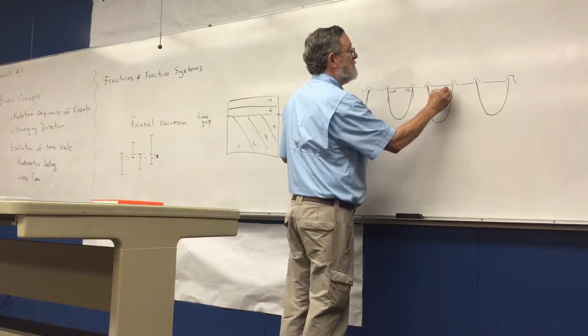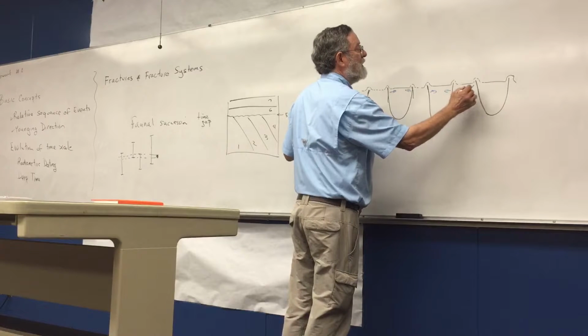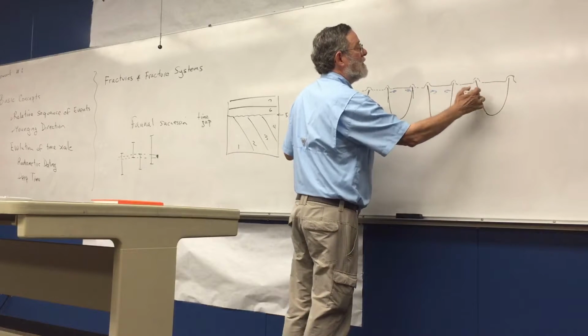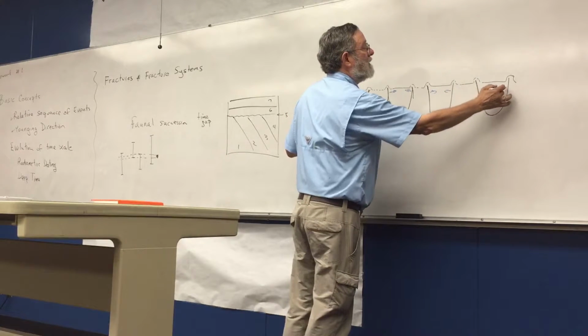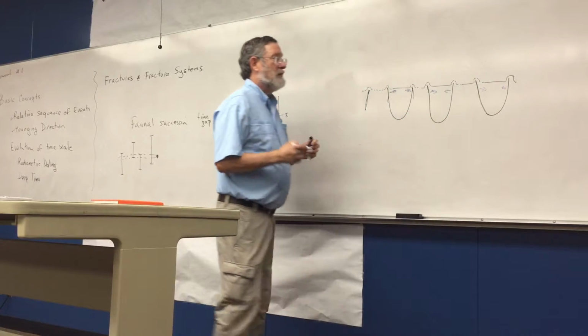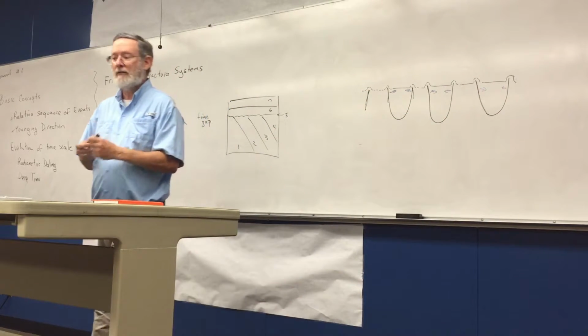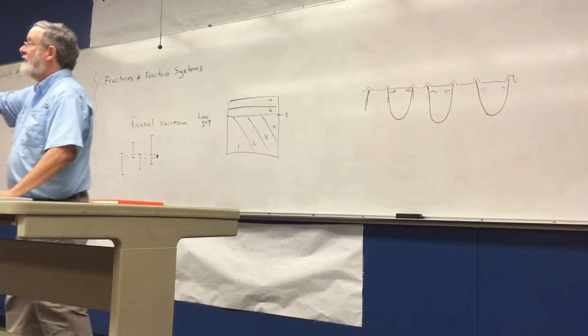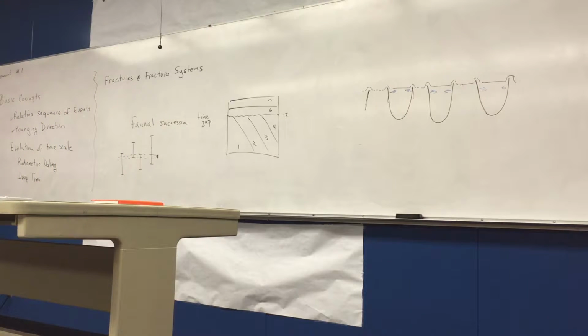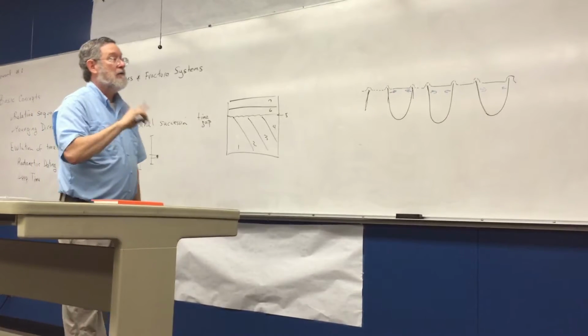So this was up, that was up. This was up over here, and that was up there. And so it told us as a group that the younging direction was changing uniformly across the area. And so it best fit a model of folding.